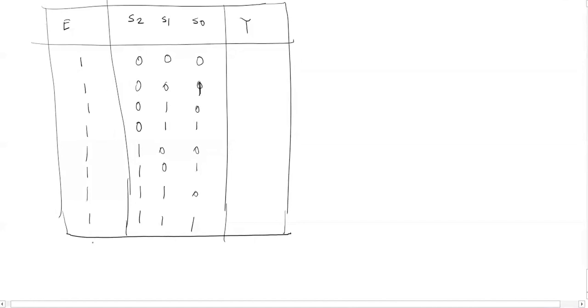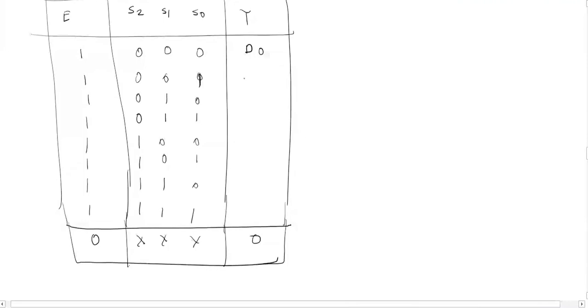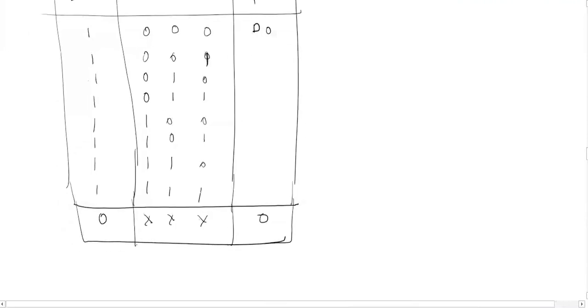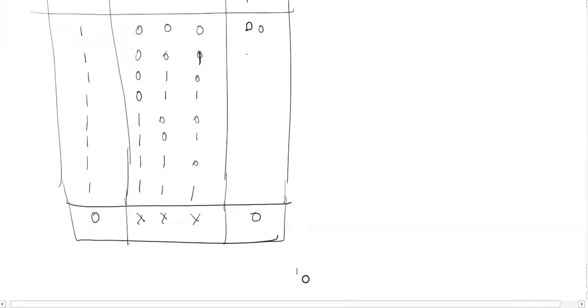When enable signal is 0, then whatever input is available is not going to be selected and output is displayed as 0. Now the output: when S0, S1 and S2 are 0, 0, 0, D0 is selected as output. When S0, S1, S2 are 0, 0, 1, D1 is selected as output line.